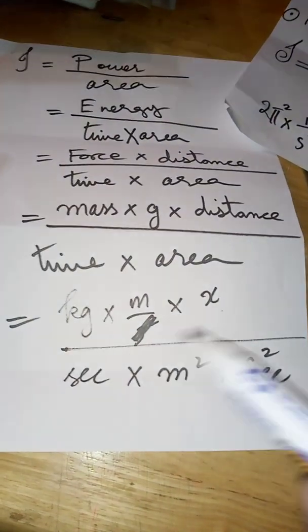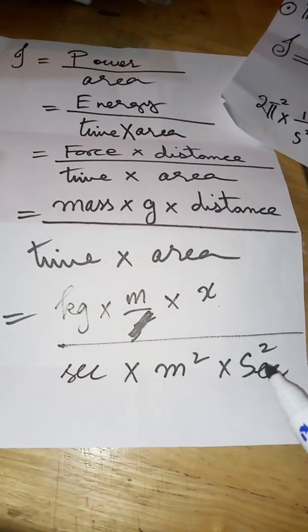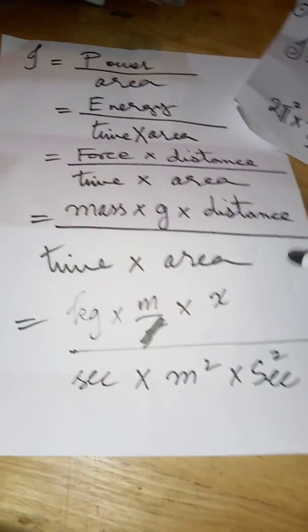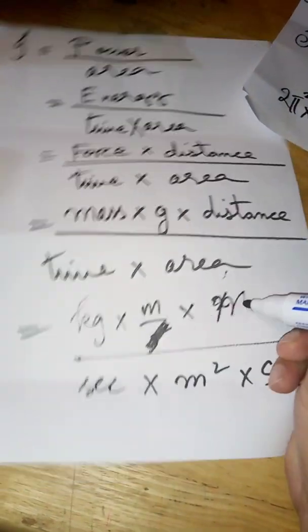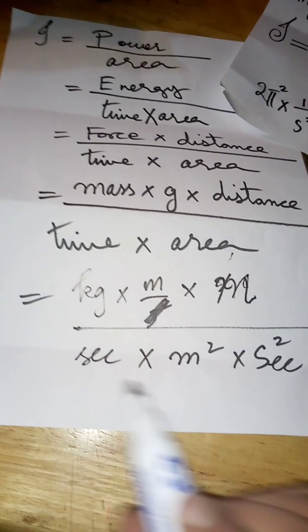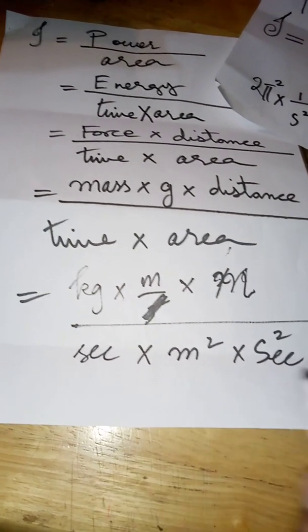So it'll be kg times meters per second squared times meters, and then over time times area.